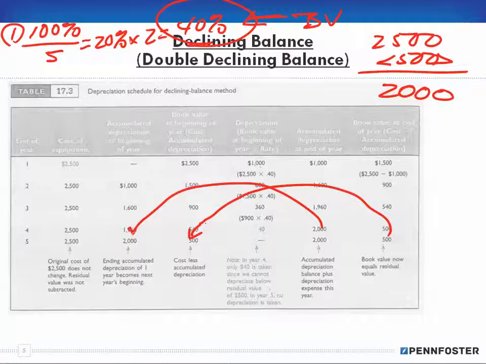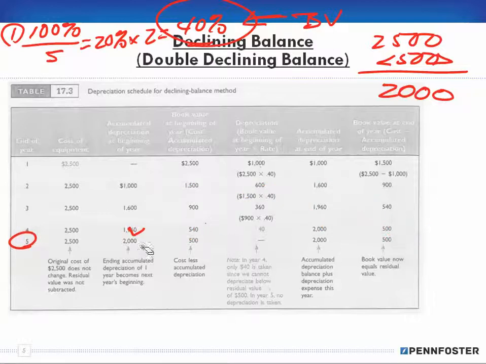Okay. And you have to fill out that last line. You have to fill out that last year. You can't just say, okay, I hit my residual value of 500 here. I don't have to do anything else to my schedule. No, you do have to put in your year 5. And even though I can't take any additional depreciation for the year, I have to show it as 0.